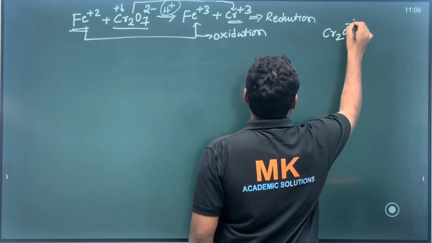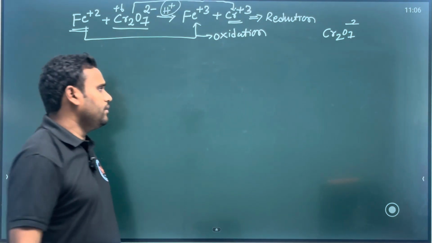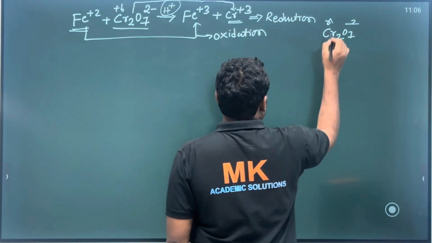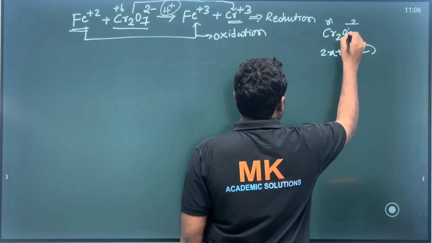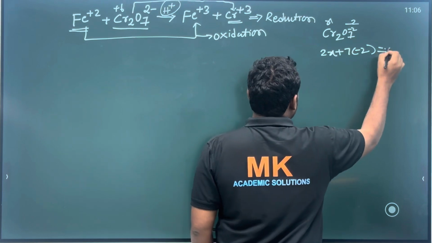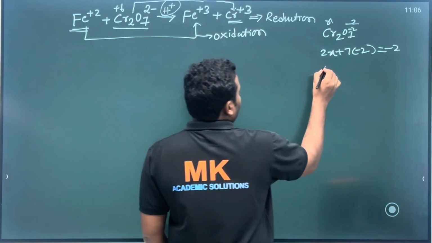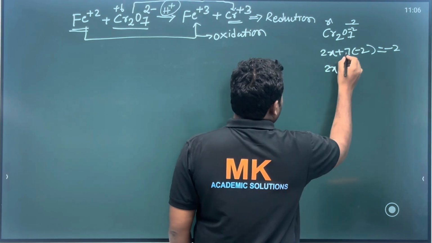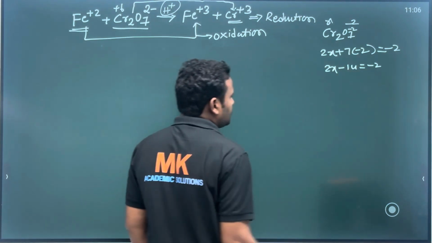Cr2O7 minus 2, what is the chromium oxidation number? Simply consider it as x. 2x plus 7 into minus 2. Here oxygen oxidation number is minus 2, and that is equal to the charge of the molecule, minus 2. So 7 into minus 2 is minus 14, equal to minus 2.